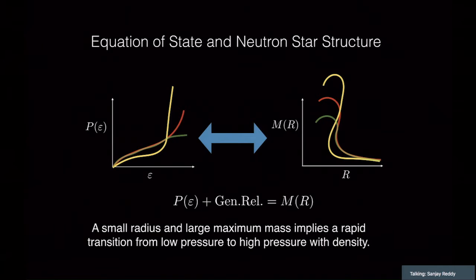It says that there needs to be a very rapid increase of pressure from the relatively low density regions to the high density regions to be able to support these observations. This is something that we are actually finding now in nature, and I'll discuss that in more detail in the next few slides.